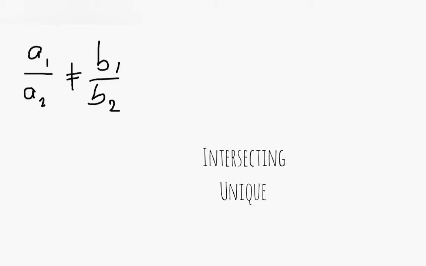Since they have a unique solution, they are called consistent equations, because any two equations which have a solution are considered consistent, and the ones which do not are considered inconsistent. So that's the first case.